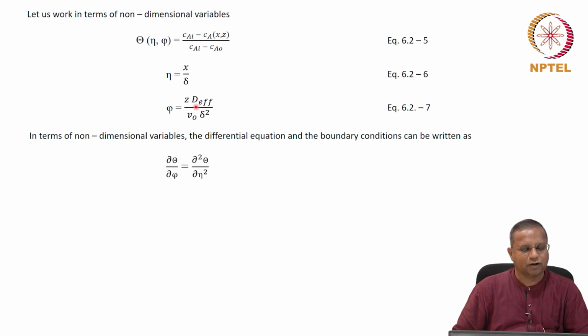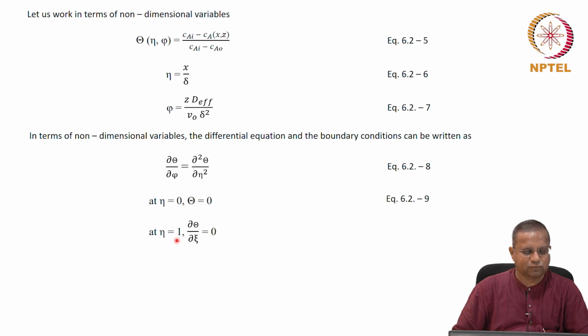Okay, I wish all of you got this. The differential equation would have become dou theta by dou phi equals dou squared theta by dou eta squared. A nice, beautiful form. 6.2-8. And the boundary conditions would be at eta equals 0, theta equals 0, 6.2-9.